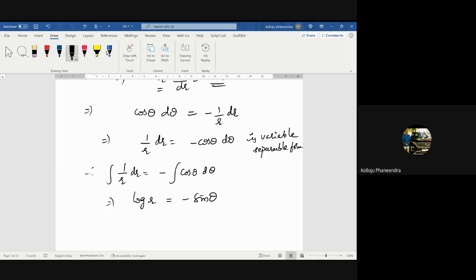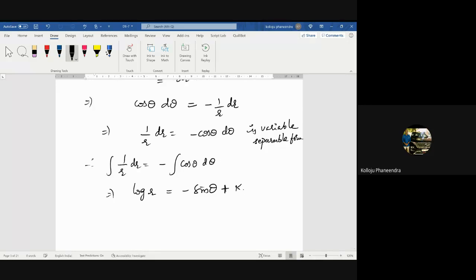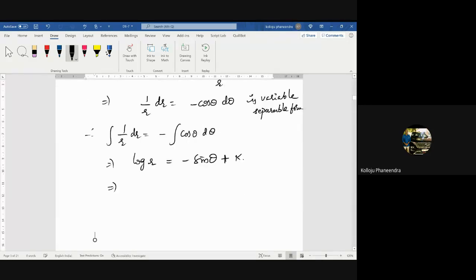Minus sine theta, plus one more constant. Already c is there, so let us use another constant k. Then I will take the constant in terms of logarithm. So this becomes log r minus log k equal to minus sine theta.